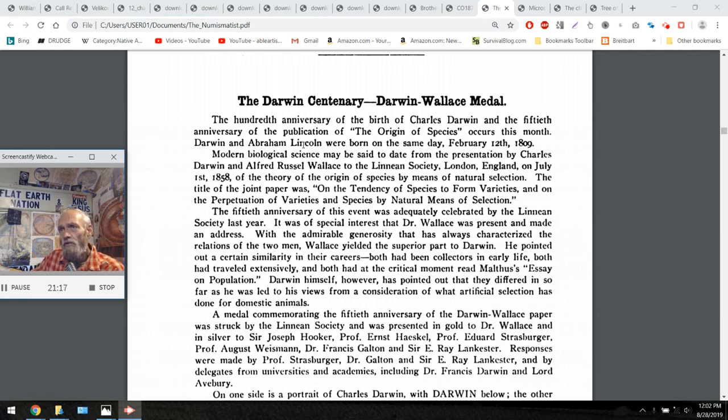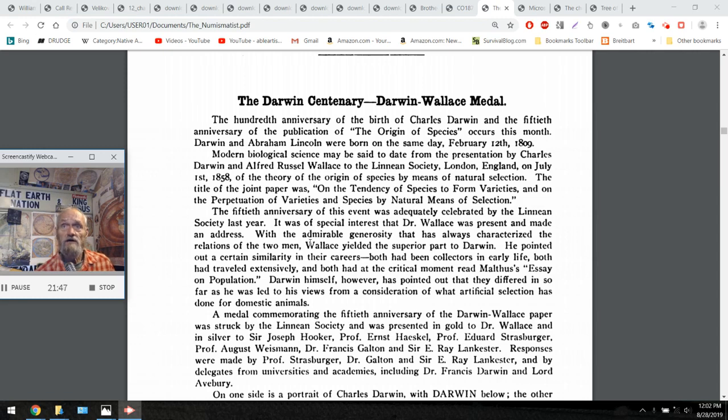Darwin and Abraham Lincoln were born on the same day, February 12th, 1809. Modern biological science may be said to date from the presentation by Charles Darwin and Alfred Russel Wallace to the Linnean Society, London, England, on July 1st, 1858, of the theory of the origin of species by means of natural selection.